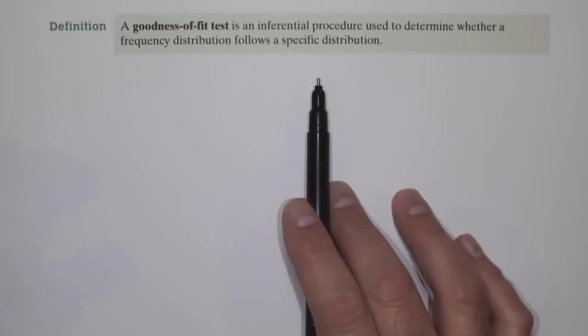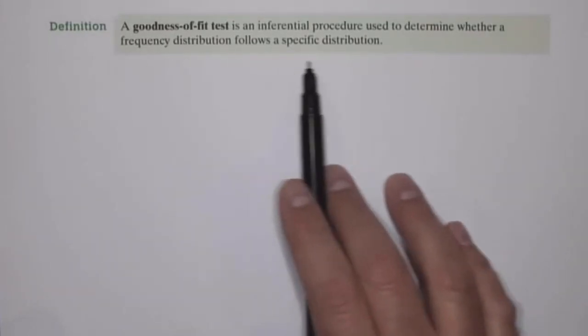So one way to determine whether that die is actually fair or not is by rolling the die a large number of times and seeing if the results that you obtain are approximately 1/6 of the time you get a 1 and 1/6 of the time you get a 2, and so on. If you do, then that would confirm that the die is a fair die. If you do not get that result, then that might be statistically significant enough to say that you, in fact, do not have a fair die.